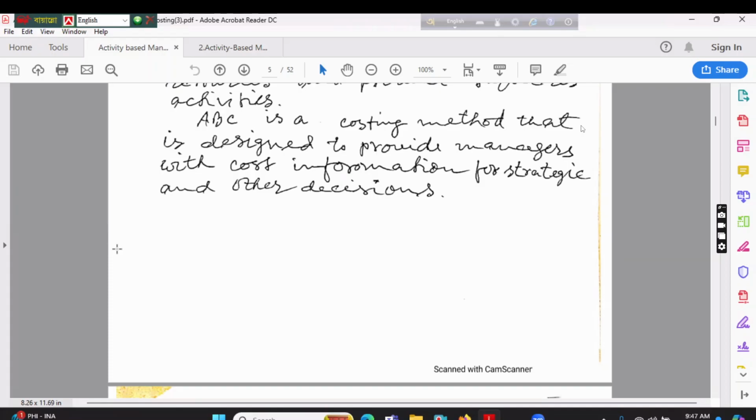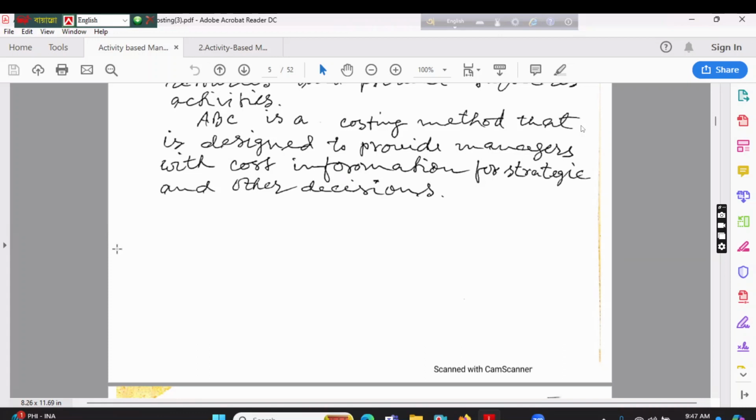Now more about activity-based costing, from Hansen and Mowen, page number 122.